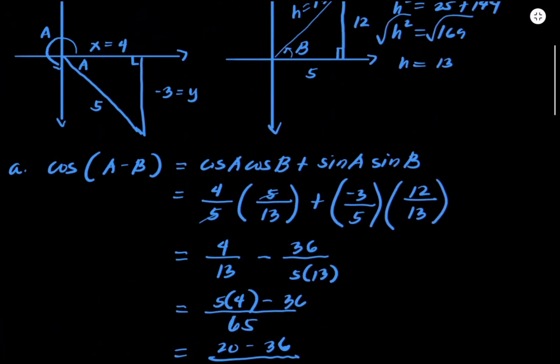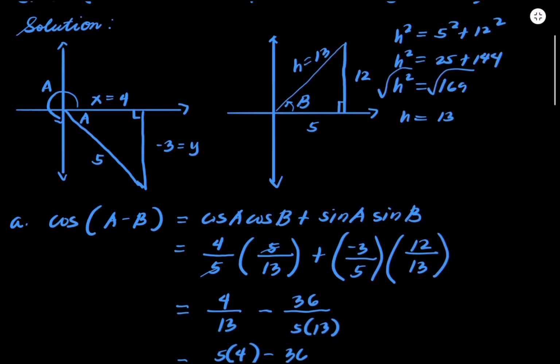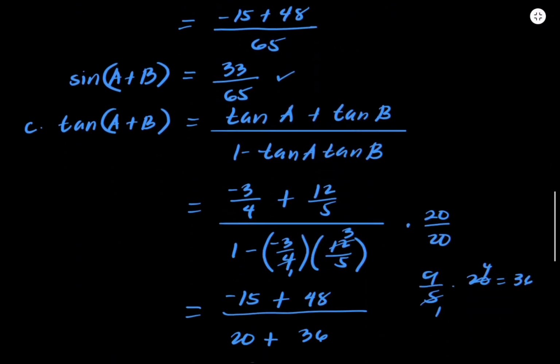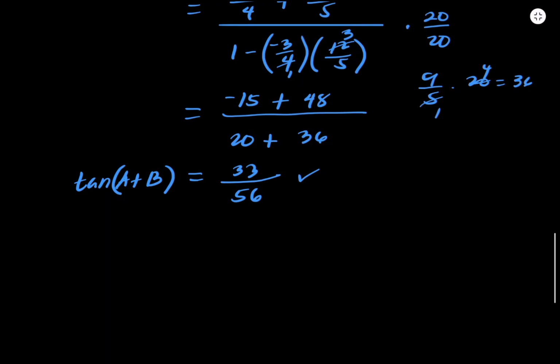So next is D, the quadrant of angle A plus B. On what quadrant does A plus B terminate? So we need to use the previous result. What is sine A plus B?